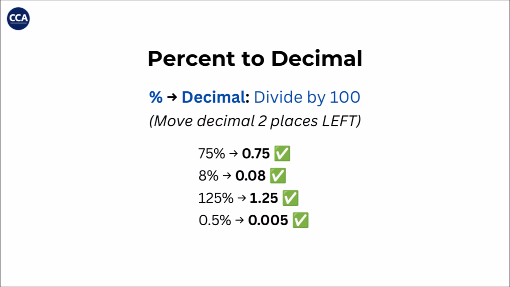Notice the last two examples. 125% is greater than 100%, meaning more than the whole. And 0.5% is less than 1%, a very small amount. Both are valid percentages. The decimal point always moves exactly 2 places to the left when converting percent to decimal.